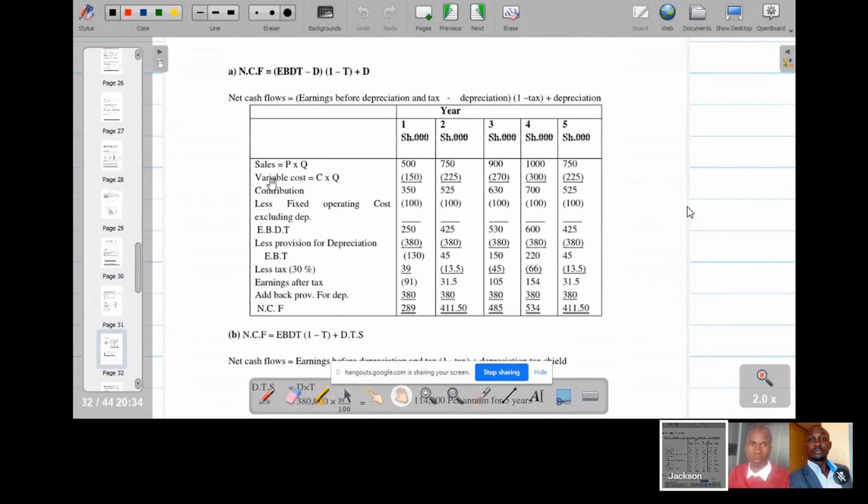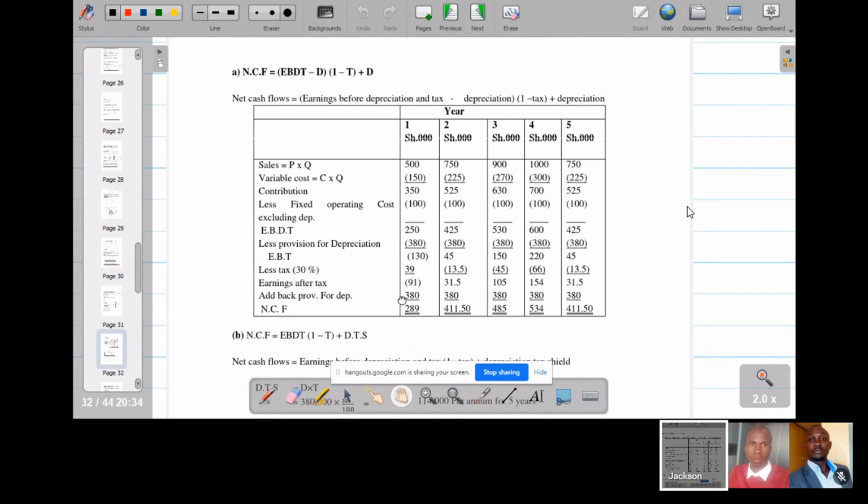Sales, variable contribution, less fixed cost, then less provision for depreciation, a straight line of this, compute tax, add back provision for depreciation. You now get the operating cash flows every year. It's clear?